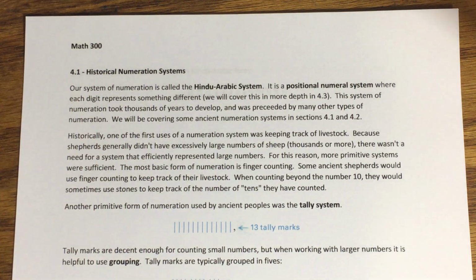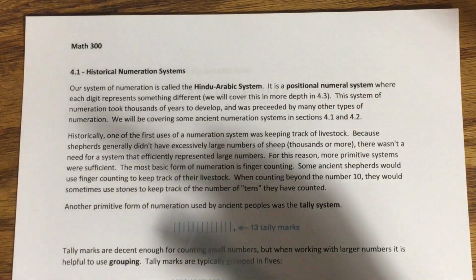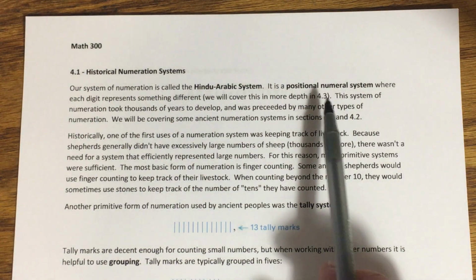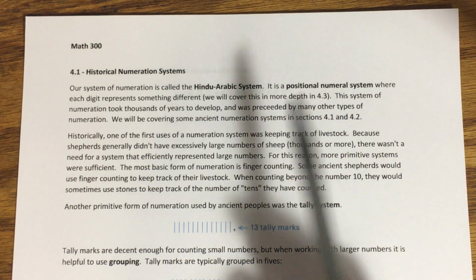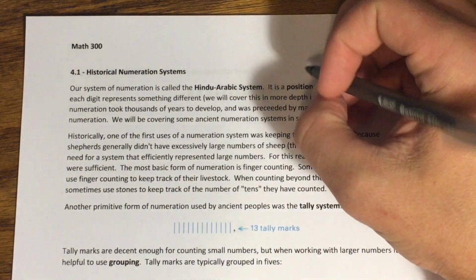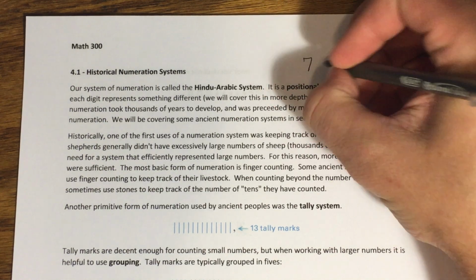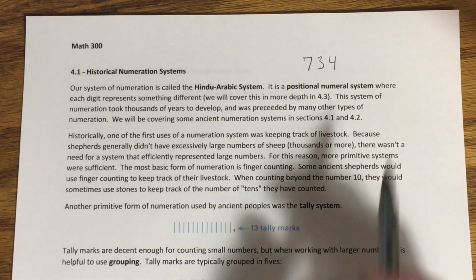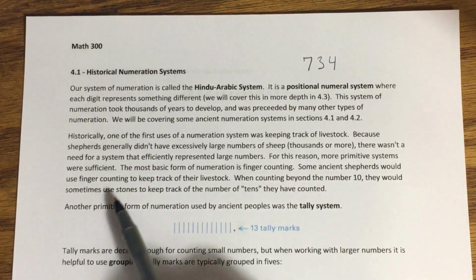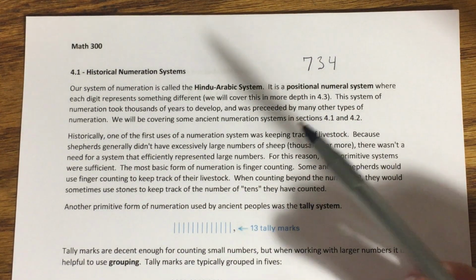And just for reference, to use some terms we usually use when we talk about numeration systems, our numeration system is what's called a positional numeral system. Basically what that means, here's a number in Hindu-Arabic, 734, for example. Each digit in this number represents something different.